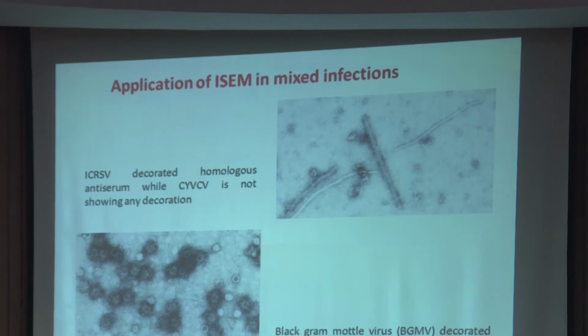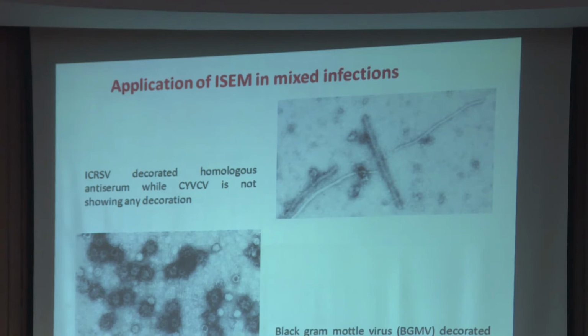When we were working on Indian citrus ring spot virus, we developed the antibody. This virus is very common in Kinnow mandarin. Sometimes we found other citrus and lime plants having different symptoms.